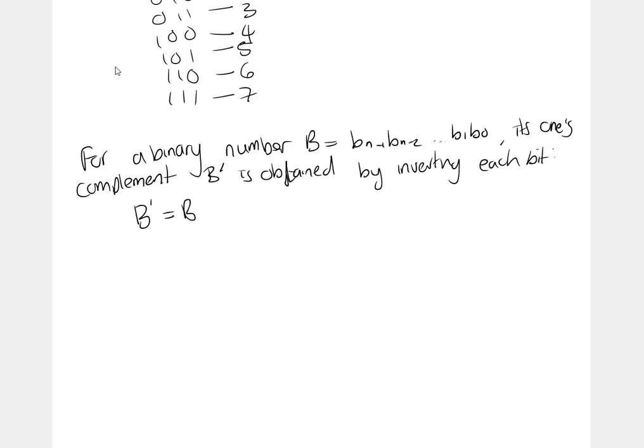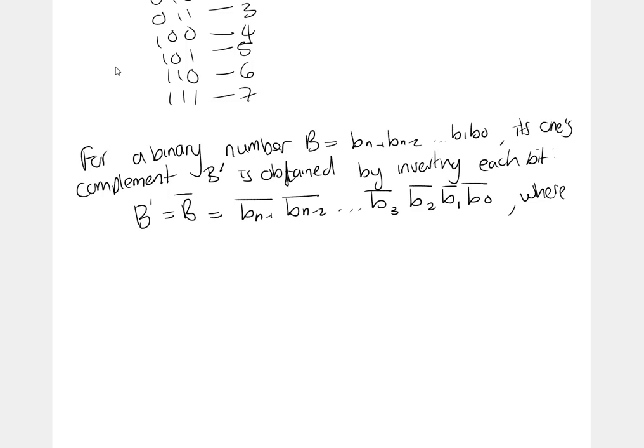This is now the notation for the inversion. So we'll have to invert each of the bits: the first one, the second one, all the way to the last. Okay, so we'll invert each of them.